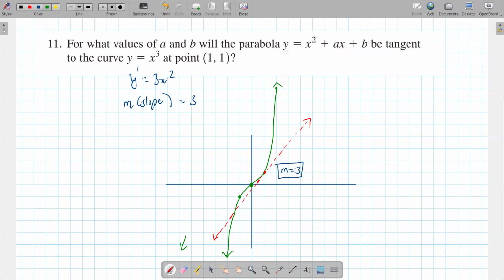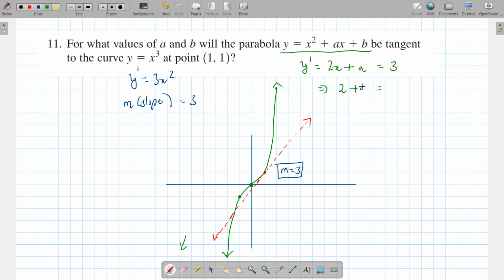So that means when we take y prime of this function, whatever we get, we know that slope will also be 3. What's y prime? 2x plus a, and we know the x value is 1.